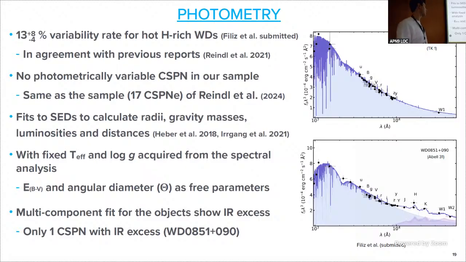If there was any infrared excess, we performed a multi-component fit, using the Phoenix grids. We found only one central star with infrared excess, just 1 out of 9 objects.